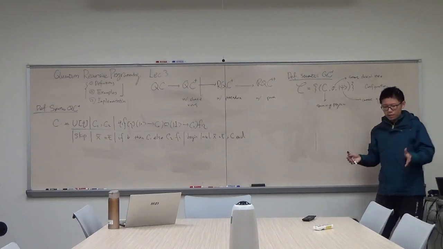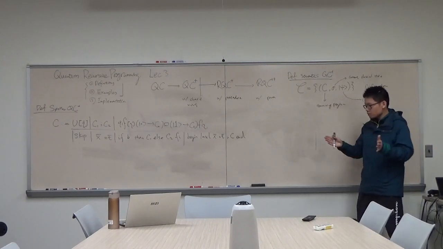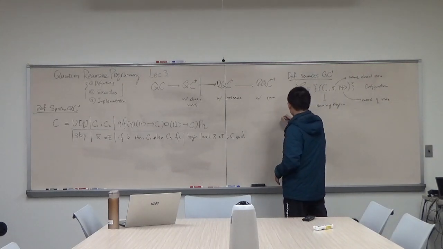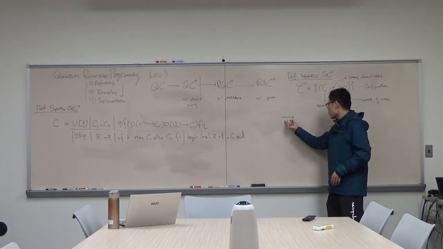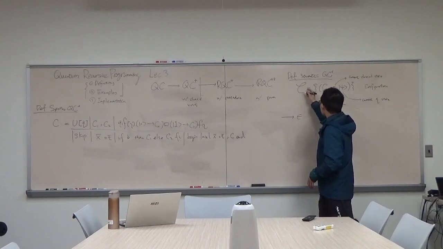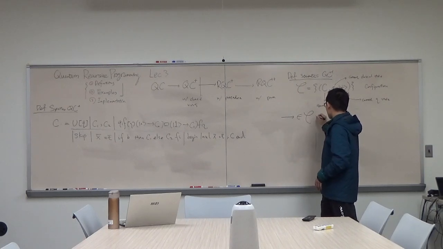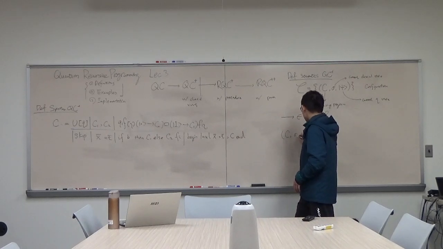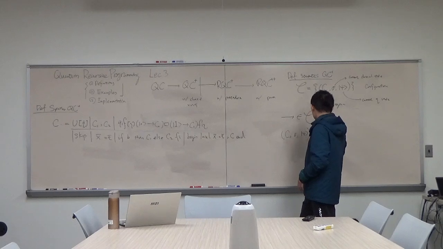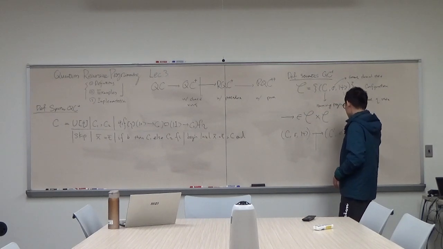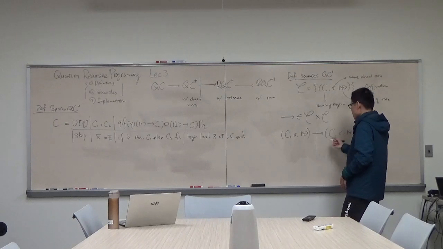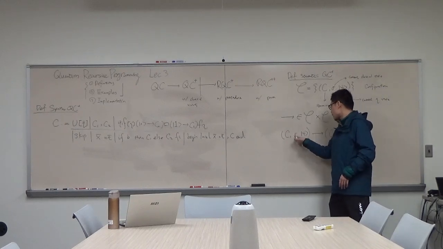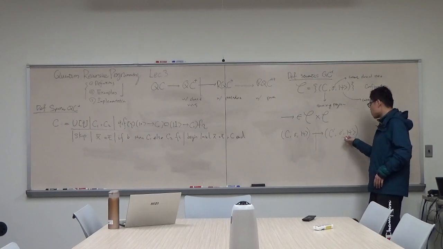You can think of a configuration as every piece of information you know at some point of the execution. And then the operational semantics will be defined as an arrow, which is a relation on this C times C. That means if you can transit from C, sigma, ket psi to some C prime, sigma prime, ket psi prime in one step, that means you execute some part of C and it becomes C prime, and you take the state sigma and ket psi to sigma prime and psi prime.